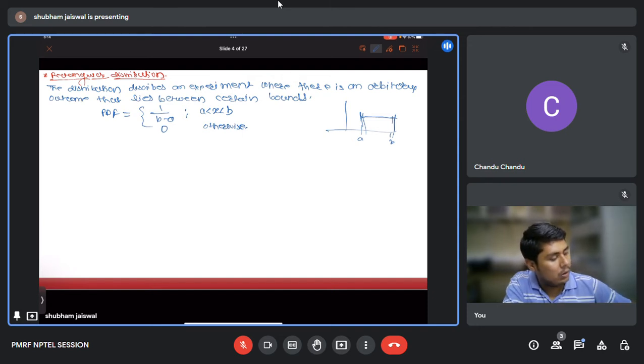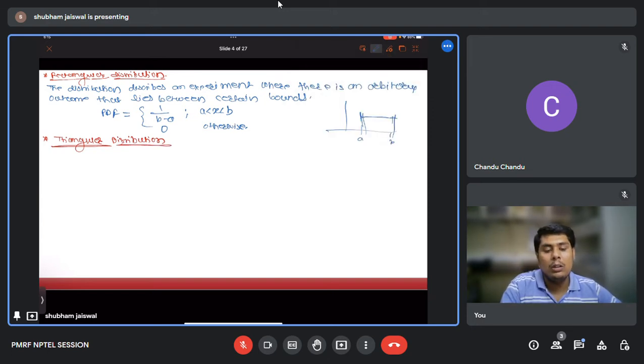So next we have seen the triangular distribution. Okay, generally we will try to overestimate each time. Triangular distribution. So what is triangular distribution?